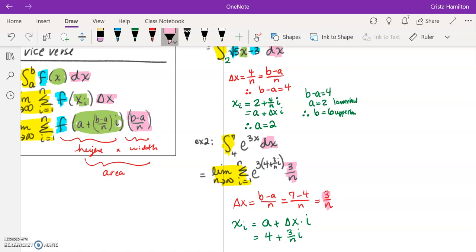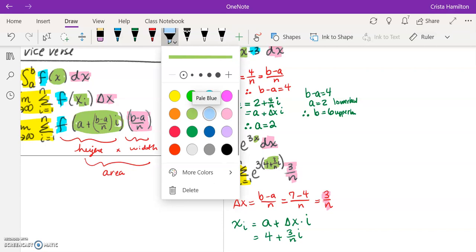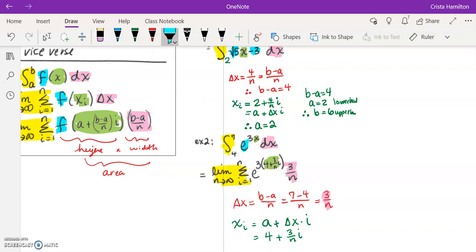And going back to my color coding, just so that we can be very thorough, this x was replaced with the right endpoint. And then the function itself that we were looking at is the e to the 3x, and that was this portion right there. And so that's how you translate from the definite integral to the summation notation.